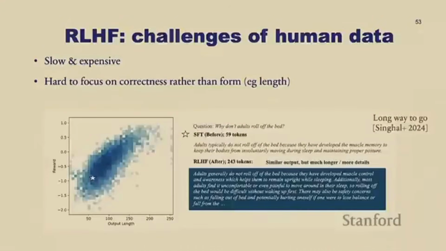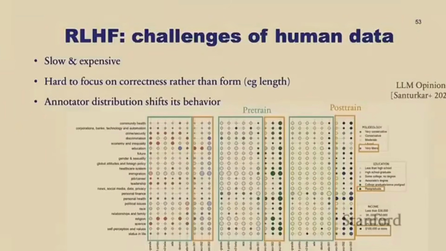As a result, what I show here is that when you do RLHF, the more you do of RLHF, the longer the output of the models become. So if you've ever been annoyed at ChatGPT answering you with super long sentences, this is because of RLHF. Annotator distribution shift: the distribution of annotators that you use matters a lot. You have to think about what humans we even want to represent in these models.